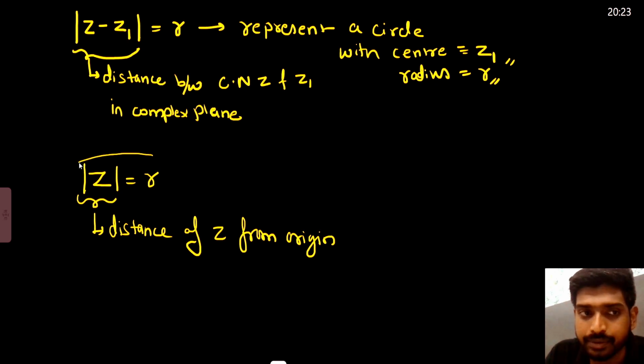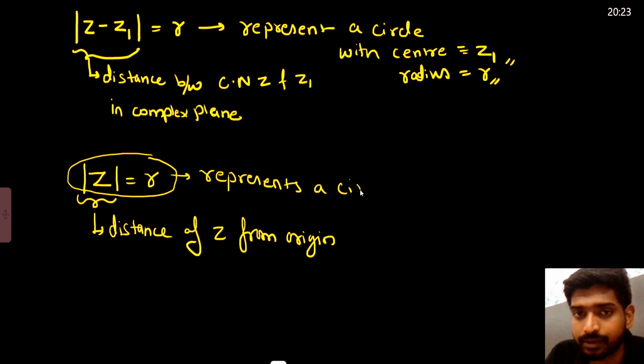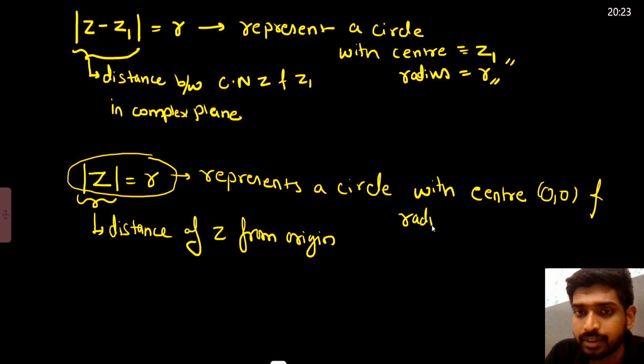This complete equation represents a circle with center 0, 0 and radius r. Yes, z was a variable point. Here z also was a variable point.